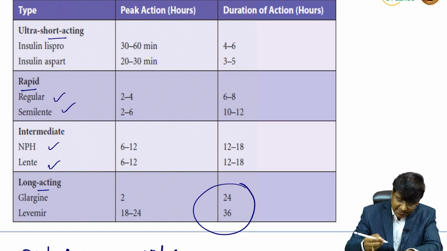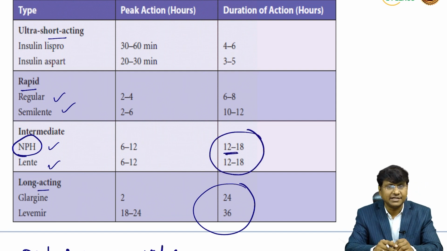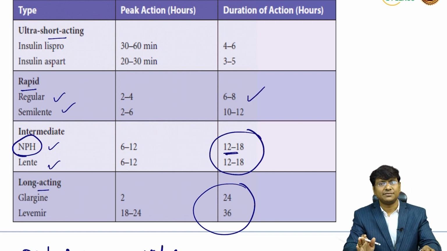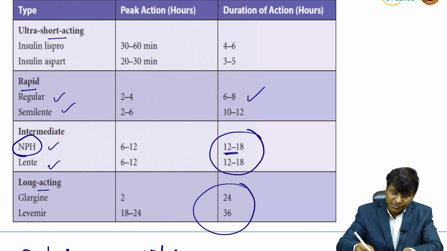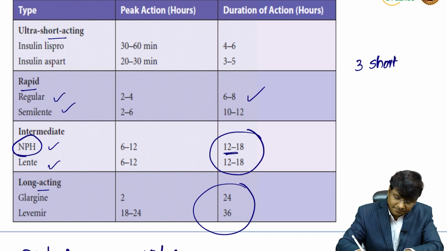NPH insulin, which is an intermediate acting insulin, acts for nearly 12 to 18 hours, whereas short acting insulin like regular insulin acts for around 6 to 8 hours. The ideal insulin supplementation in an individual is to give 3 short acting plus 1 long acting insulin.